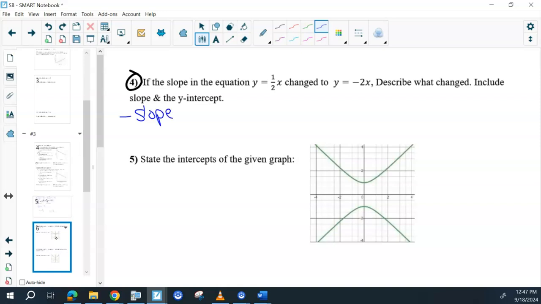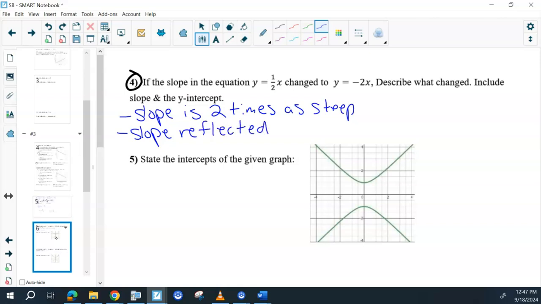It got steeper by 2, or is now 2 times as steep. And the slope reflected because of the negative. And nothing changed with the y-intercept. It stayed the same.